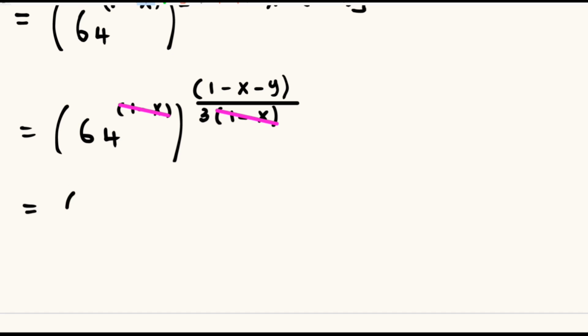And we'll be left with 64 raised to the power 1 minus x minus y divided by the 3. So the exponent is divided by the 3.